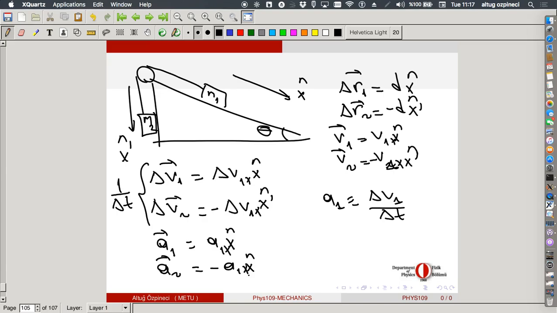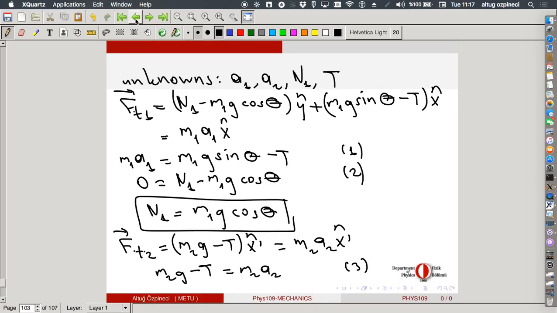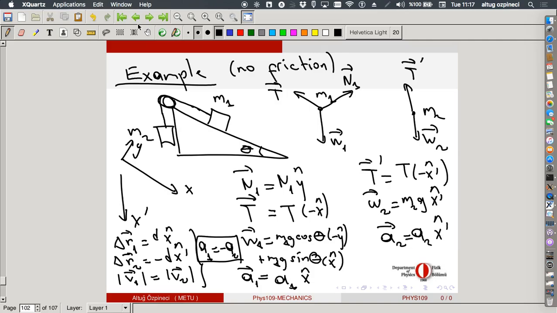But since it doesn't have any other component, I just drop this x. What is without x hat? This A1. Well, here is the definition we used.